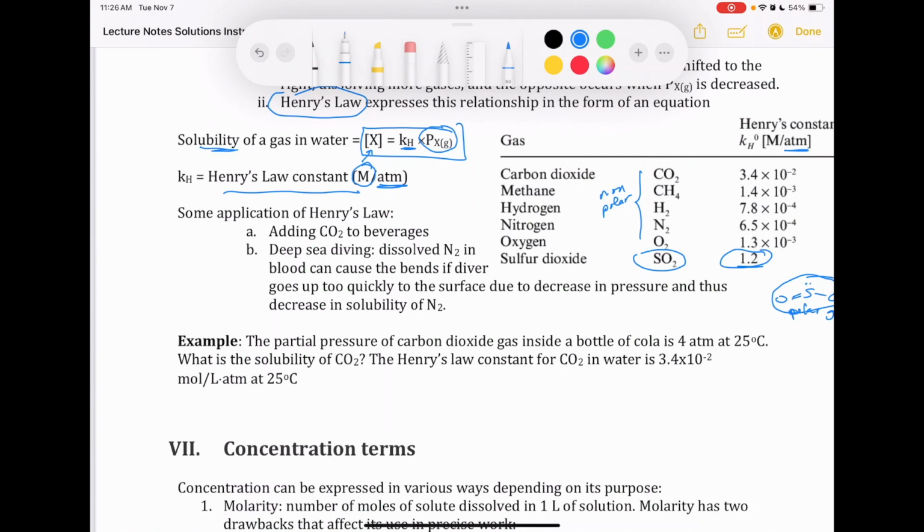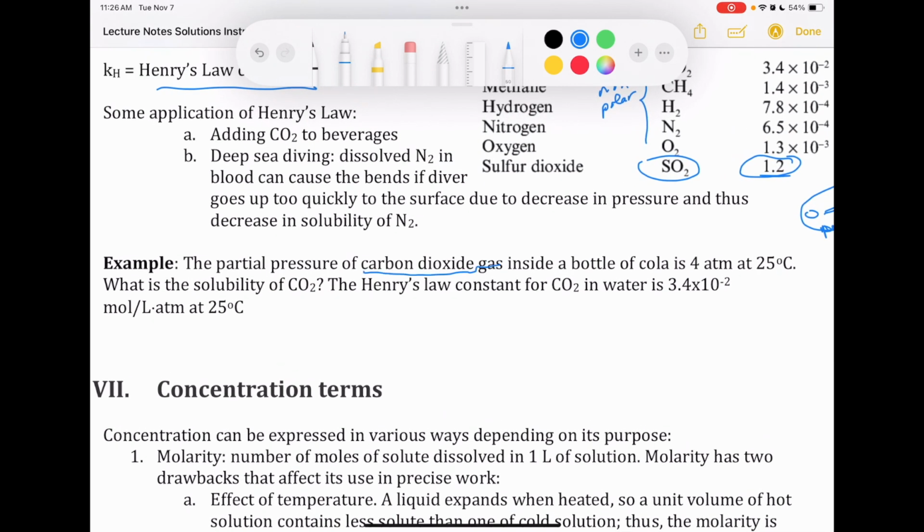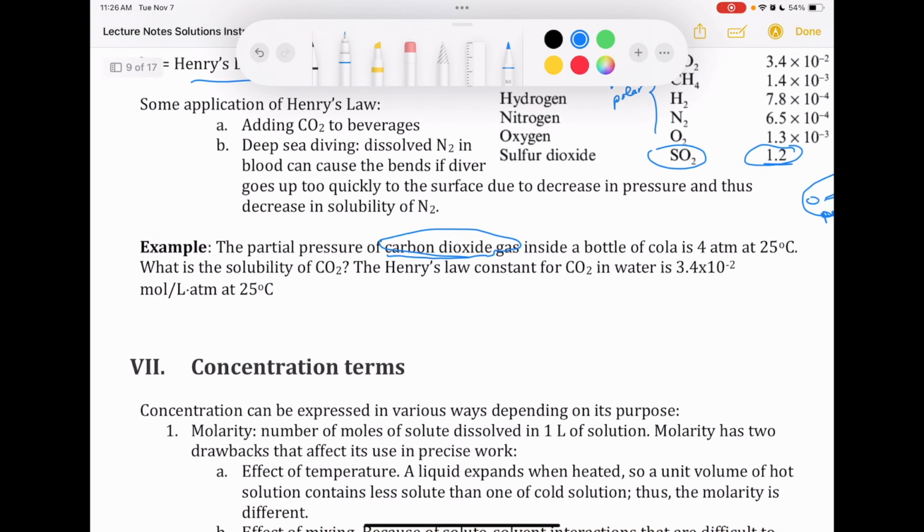One of the most common applications of Henry's law to our everyday life is in the making of carbonated beverages, right? We need to dissolve some amount of carbon dioxide gas in the Coca-Cola or whatever it is that you want to add carbon dioxide to. So here's a simple example of having a pressure of 4 atm, and the question is, what's the solubility of CO2 if you know the Henry's law constant for CO2 is 3.4 times 10 to the minus 2 molar per atm?